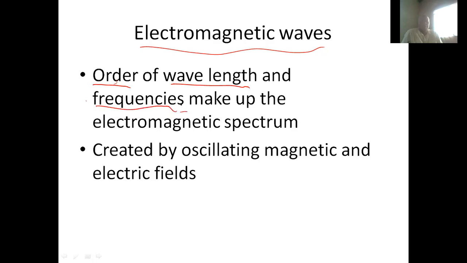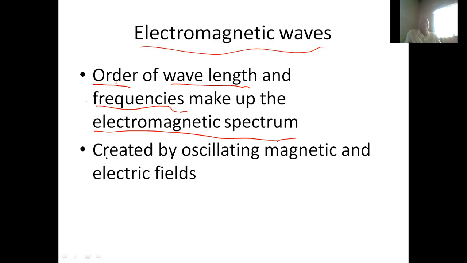So they come in a certain pattern because of the differences in wavelength as well as frequencies. And therefore, because of this arrangement, we come up with what is known as the electromagnetic spectrum. It becomes a spectrum of aligned electromagnetic waves according to the wavelength as well as the frequency.